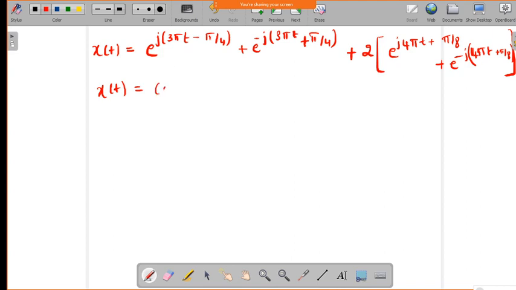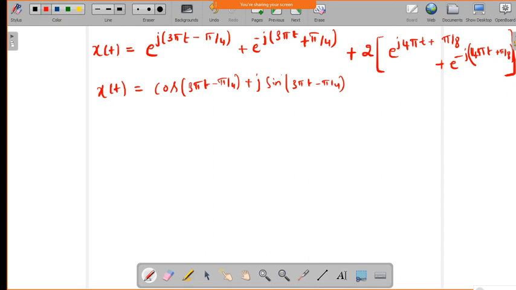You can write it as cos of 3 pi t minus pi by 4 plus j sin of 3 pi t minus pi by 4, and similarly the other term as cos of 3 pi t plus pi by 4.